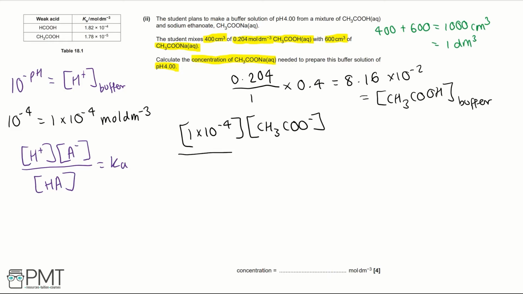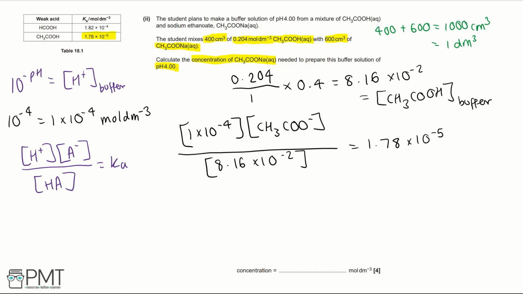Then we divide by the concentration of HA, which is 8.16 times 10 to the minus 2, and we make this equal to 1.78 times 10 to the minus 5, which is our Ka for ethanoic acid.